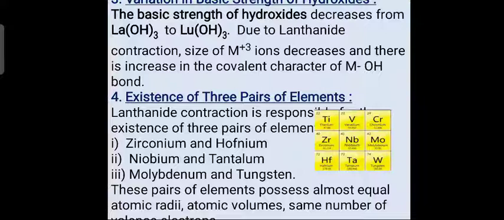You can see in the tabular column and the diagram: below zirconium we have hafnium, below niobium we have tantalum, and molybdenum and tungsten are one below the other. These pairs of elements possess almost equal atomic radii, equal atomic volume, and the same number of valence electrons. Therefore there exist 3 pairs of elements, due to lanthanide contraction.